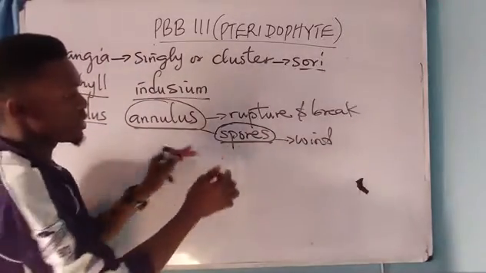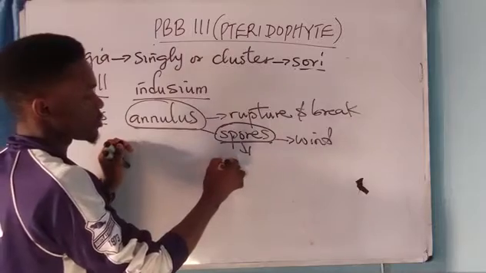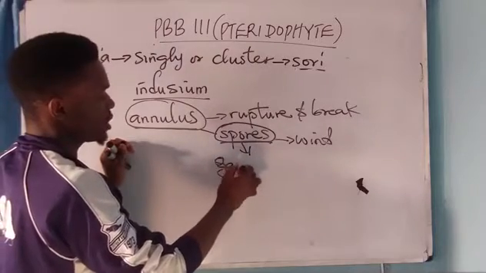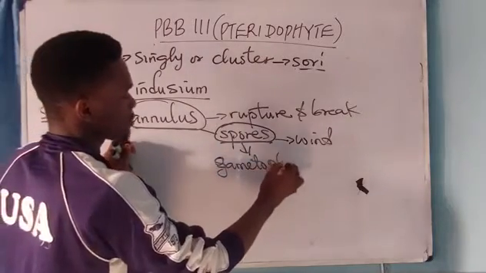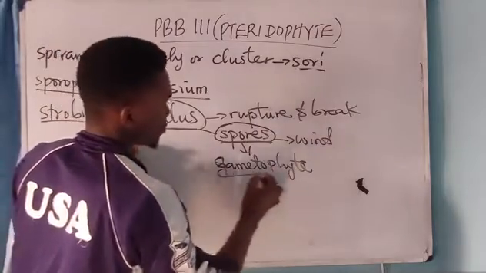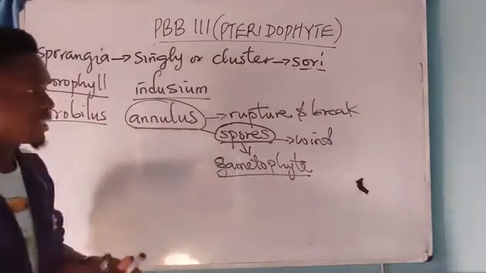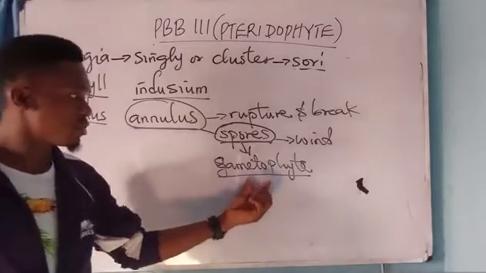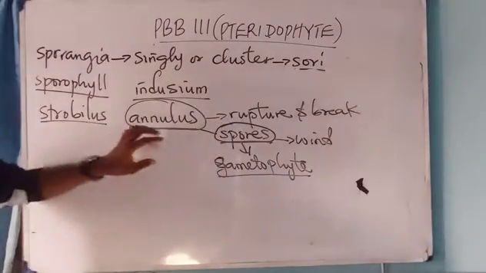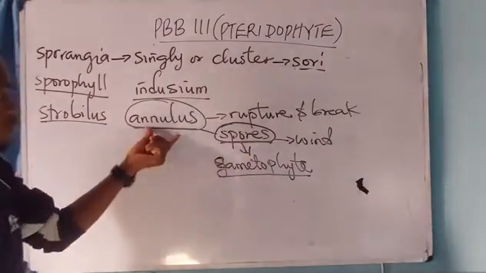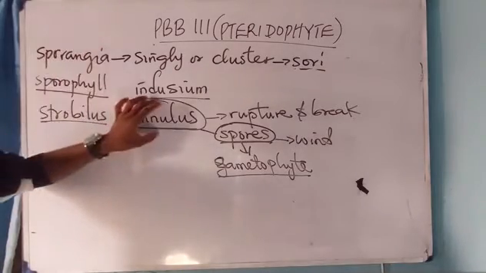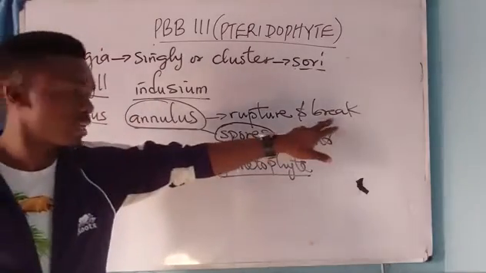As soon as they germinate, they form what? The leafy gametophyte stage, which means that for these spores to be released, the annulus of the sporangia must be ruptured or must break first.